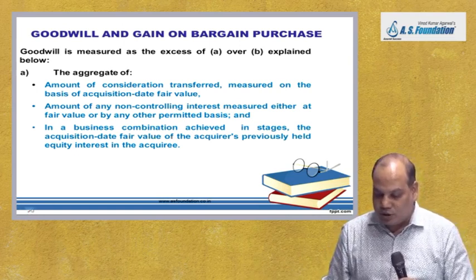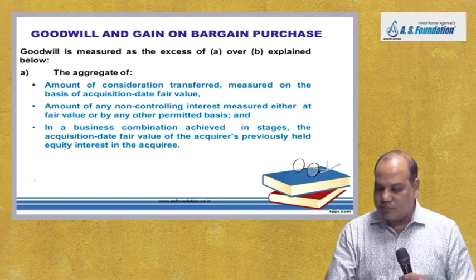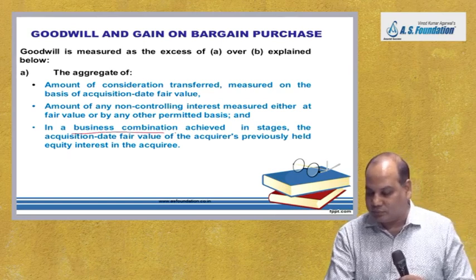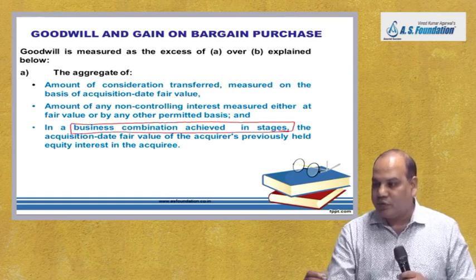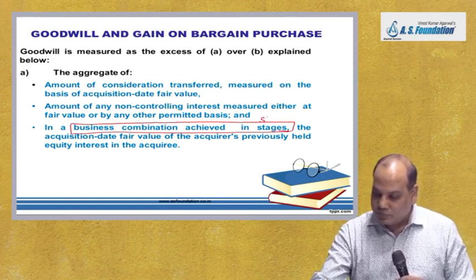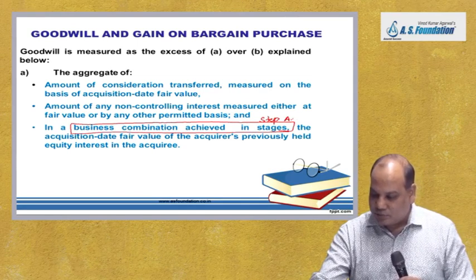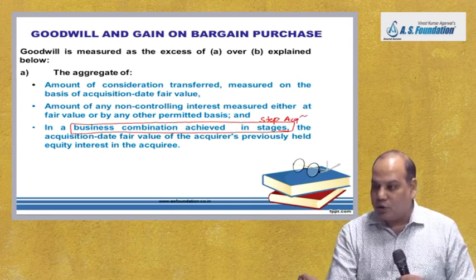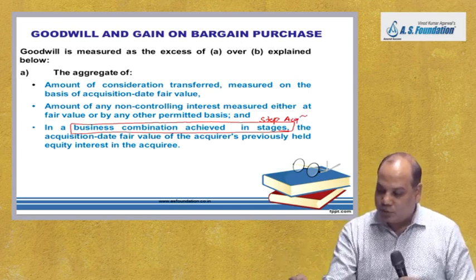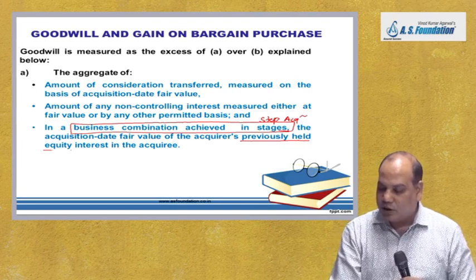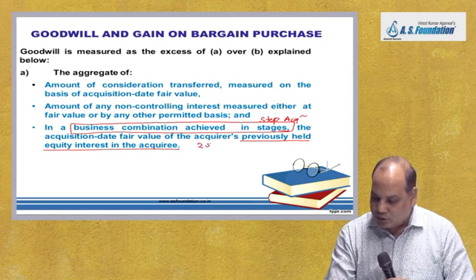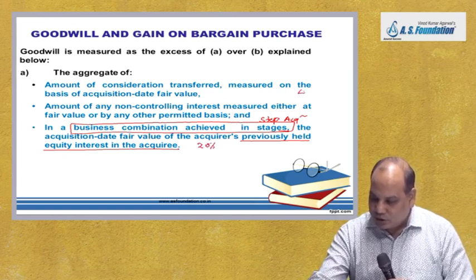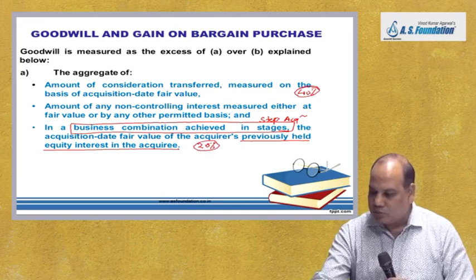Suppose you have already acquired some stake earlier. That is called business combination achieved in stages, or also called step acquisition. Then I will also add the fair value of the previously held equity interest in the acquiree. Suppose earlier I was holding 20%. Now I have acquired 40%, which means I have got the control now.